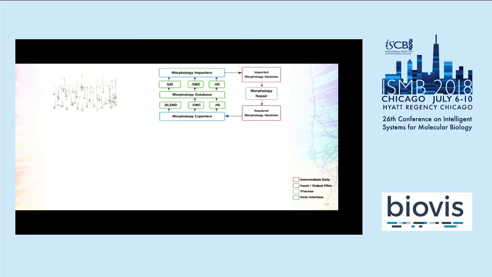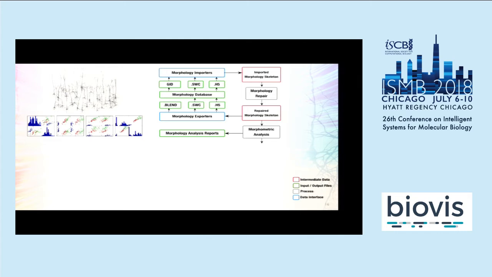Once we fix the broken morphologies, we simply do some analysis. We generate some graphs to see exactly the distribution of the branching across a certain arbor, or the number of bifurcations, trifurcations, the distribution of the radii across the arbor, and so on and so forth.